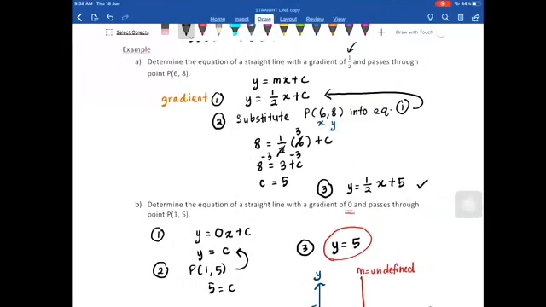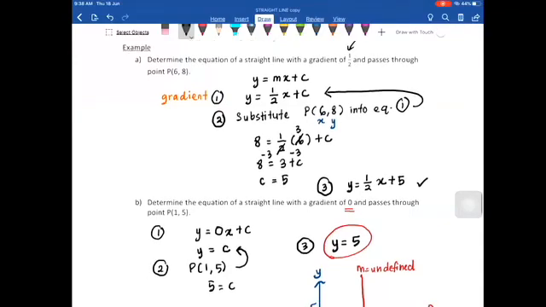Okay, so if you see in our previous example, bila saya dah dapatkan equation yang pertama, what I did is I substitute point atas line tersebut kepada equation yang pertama. Okay.